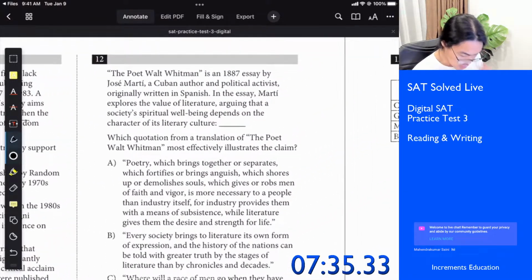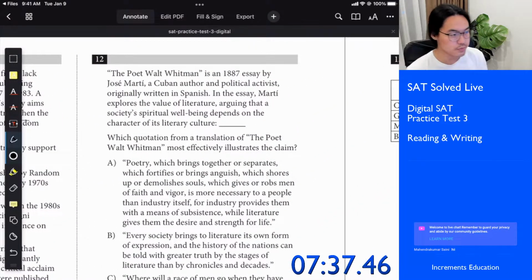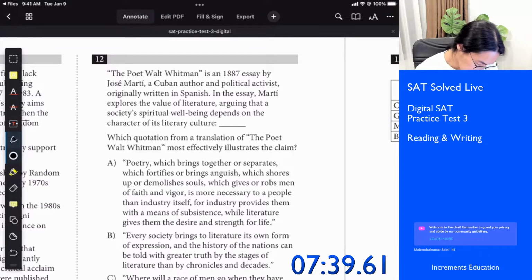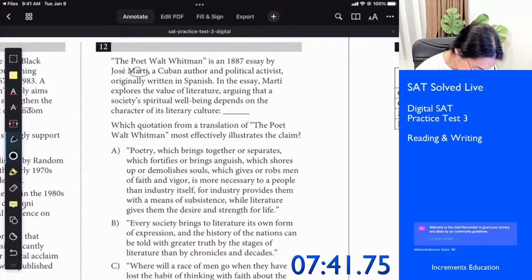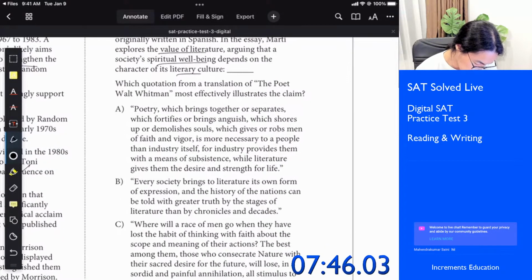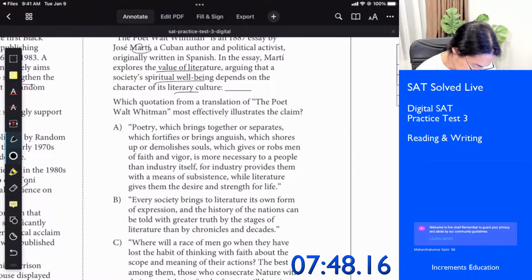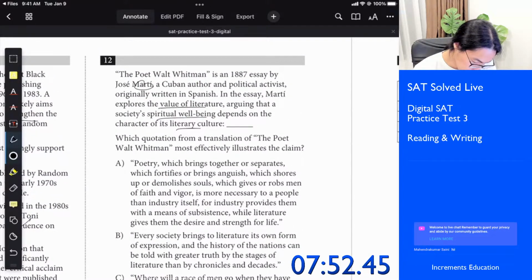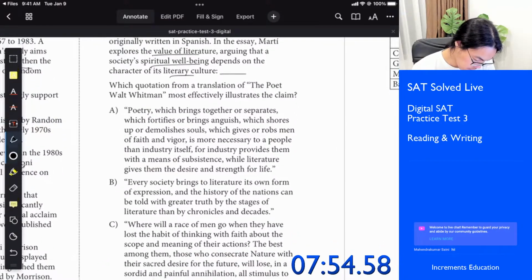Okay, the poet Walt Whitman. Marti explores the value of literature. Spiritual well-being depends on literature culture. And we're going to quote poet Walt Whitman to show that spiritual well-being depends on literature.